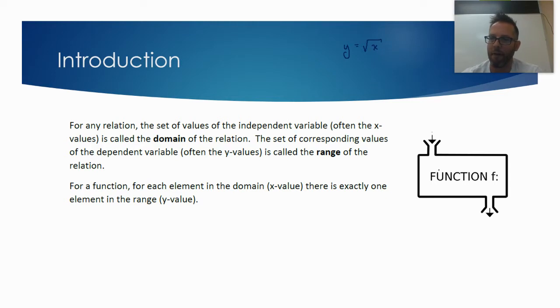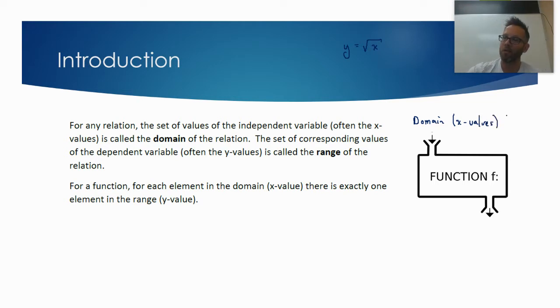So if you think of a function as a machine where you input an x value and you output a y value, certain values break it. And the values that you are allowed to put in, that's what we call the domain. The domain of a function is just the x values that you're allowed to put in, that's all.